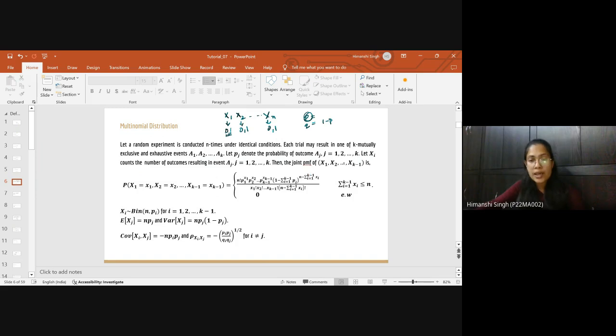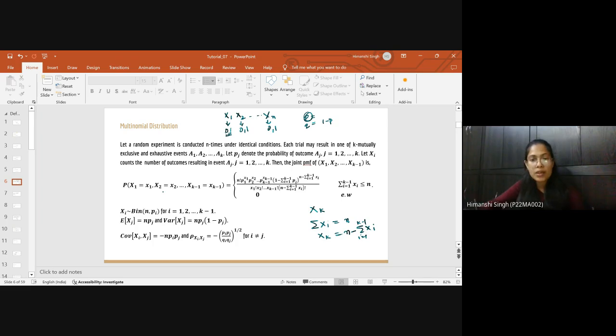Basically, why we have only considered the k minus 1 random variables is because the last random variable, xk, depends upon the values of the other random variables, since the summation of xi is equal to n, because the total number of trials is n. So xk will be nothing but n minus the summation of xi, i going from 1 to k minus 1, and we can replace xk by this expression.